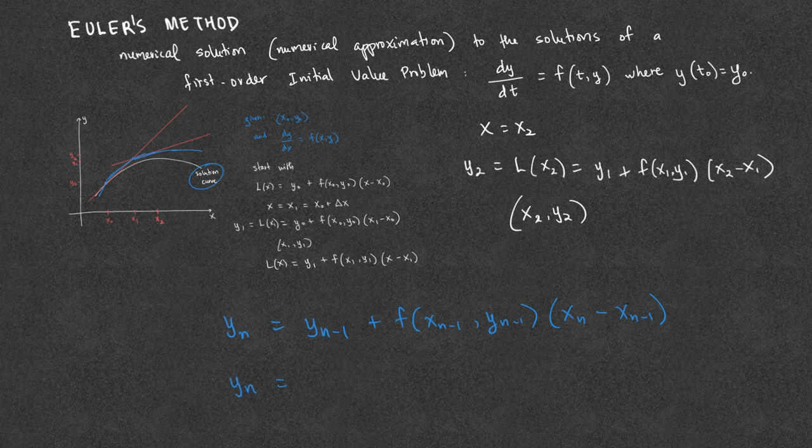So y_n equals y_{n-1} plus delta x times f(x_{n-1}, y_{n-1), since x_n minus x_{n-1} is delta x. This process to estimate y_n is called Euler's method.